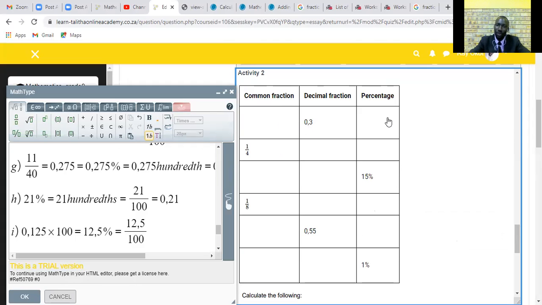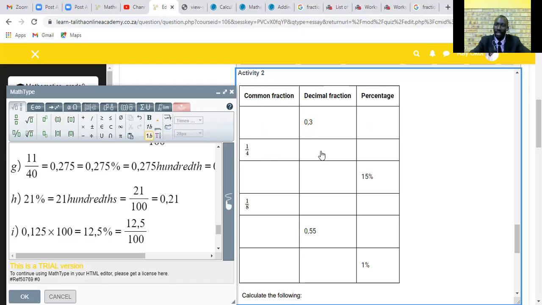In percentage, since you're moving from decimal to percentage, it's like you're moving from smaller to a little bit big. You multiply by 100. So you multiply 0.3 times 100, you get it in percentage. You put this over 10, you get it in common fraction. Then from common fraction to decimal, you first divide this, you get 0.25.